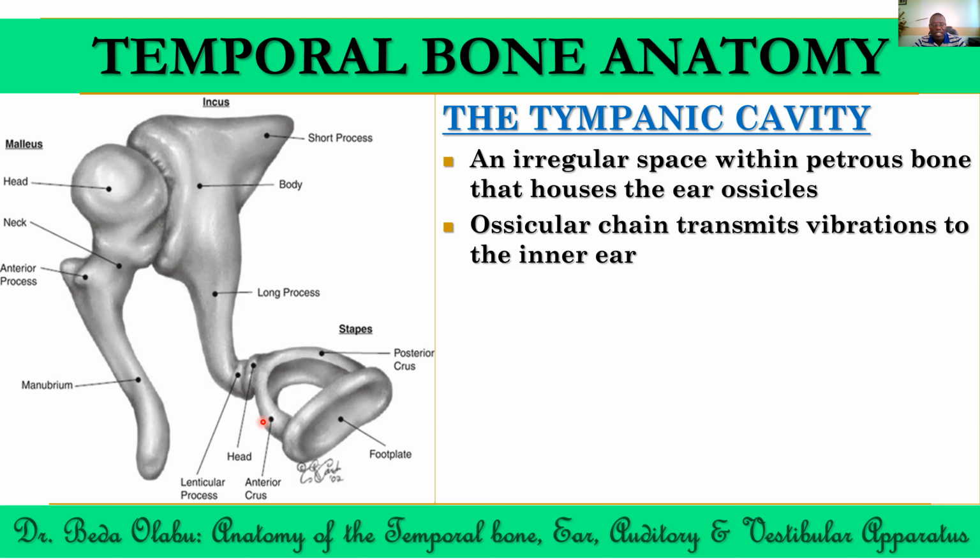But there are other mechanisms as well. So apart from the organization or the orientation of the ossicular chain, you also have the presence of the eustachian tube, which connects the middle ear cavity to the pharynx. So again, it balances pressure between the middle ear and the outer ear. And the other protective mechanism is the muscles.